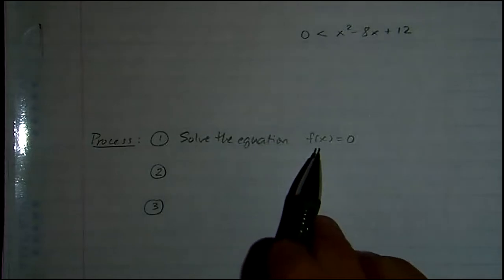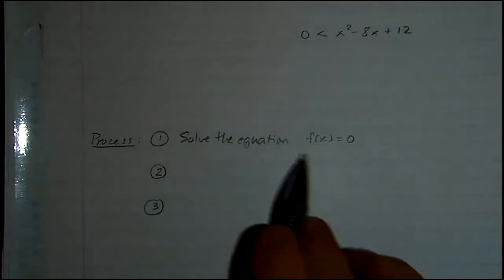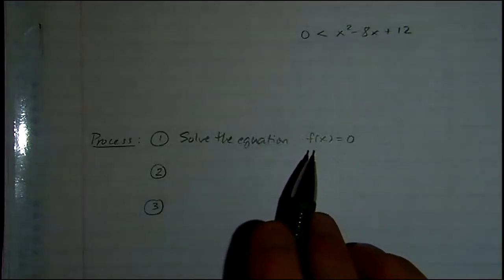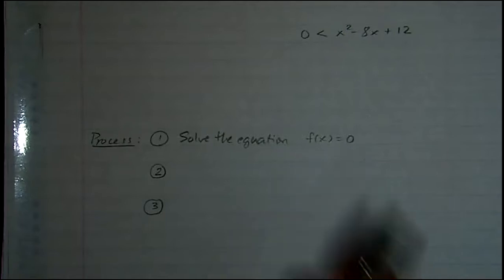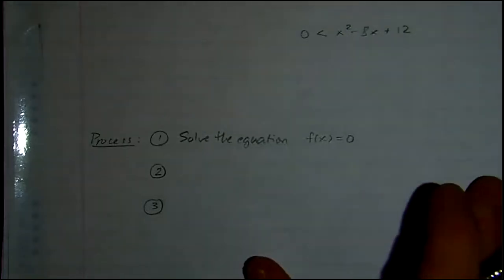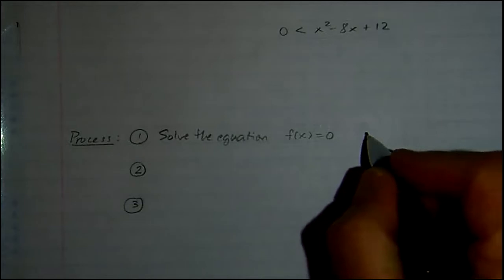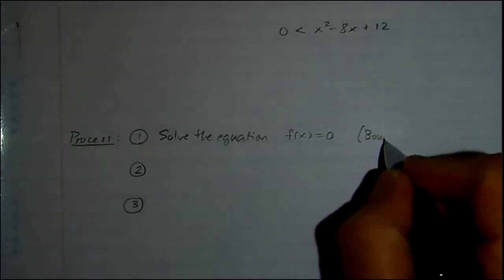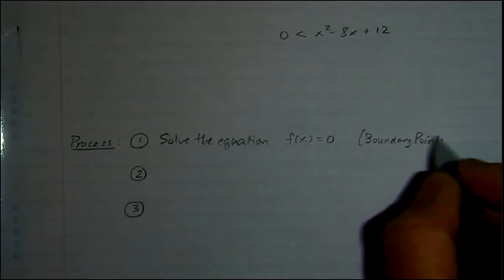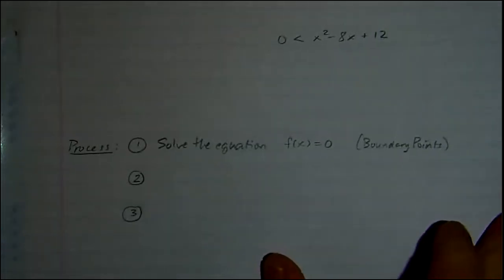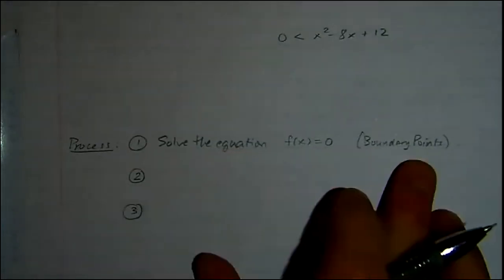Whatever the function is, whatever the expression is, I'm going to first get everything to one side and have a 0, and then solve the equation f of x equals 0. What this does is it finds what the book calls boundary points, and that'll become clearer when we finish the problem.